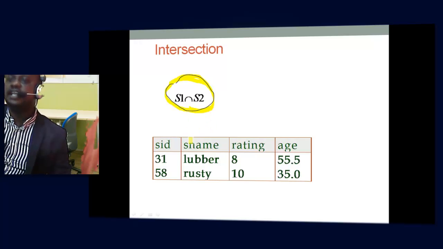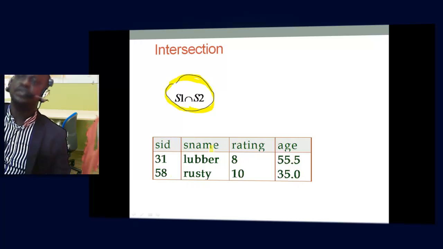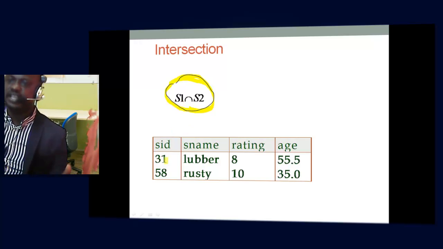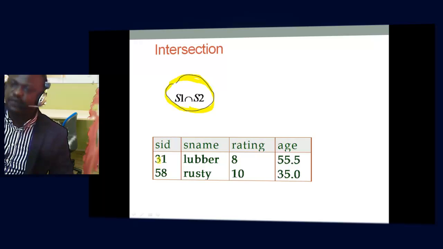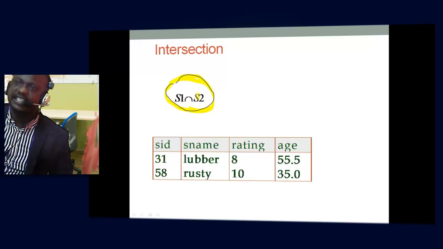So the resultant relation will be 31 Laba 855 and 58 Rusty 1035, because when you go to relation S1, you have these records, and when you come to S2, you have the same records there, and therefore S1 intersection S2 will give us this table.